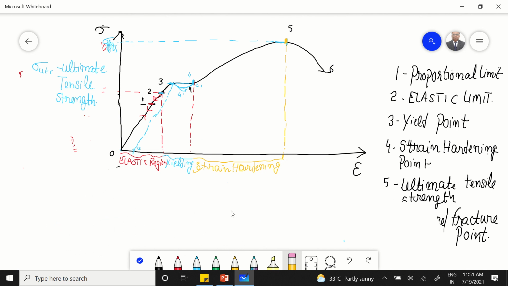Okay, just try to see now. From region 5 to 6, we call it the necking and failure point, or we can say the fracture point.